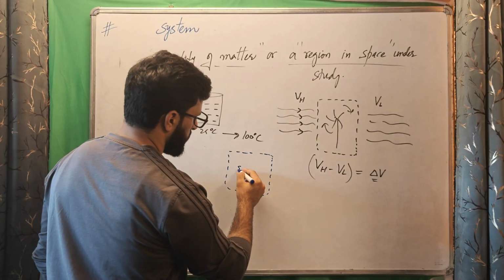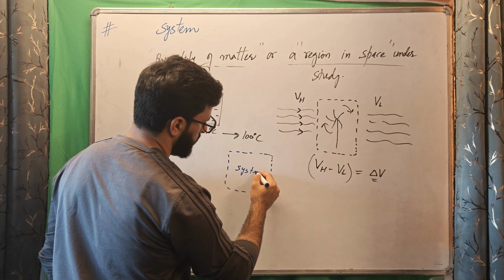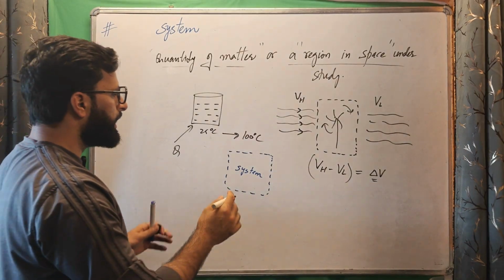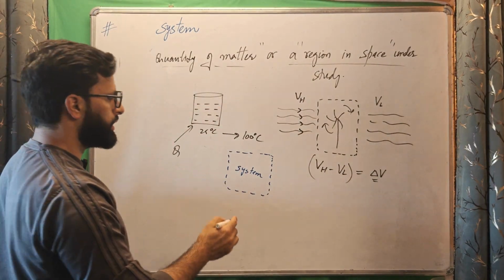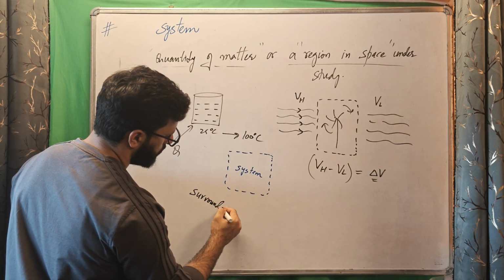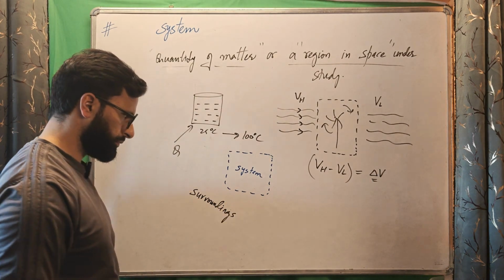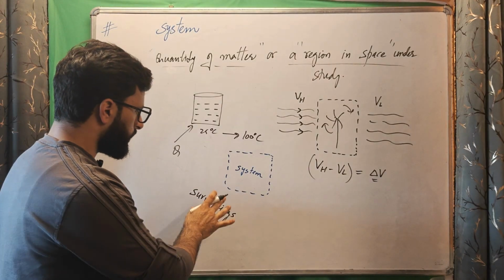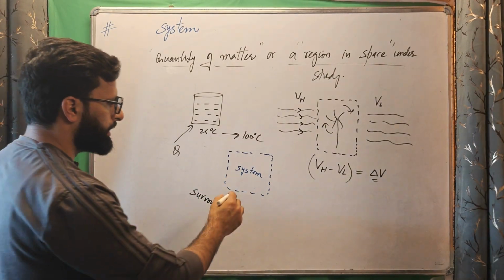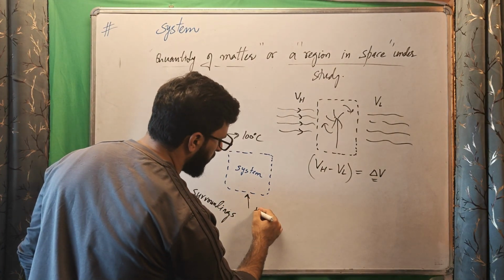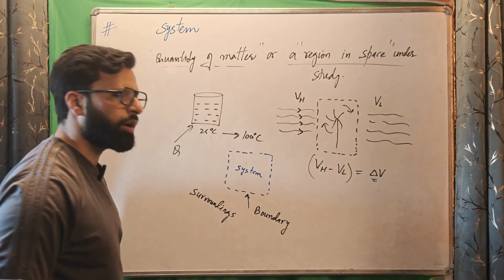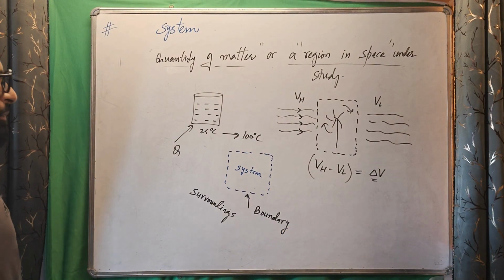So if this is a system which is under study, anything outside the system is called surroundings. Now, a system is separated from the surroundings by something we call the boundary. The separation between system and surroundings is the boundary.